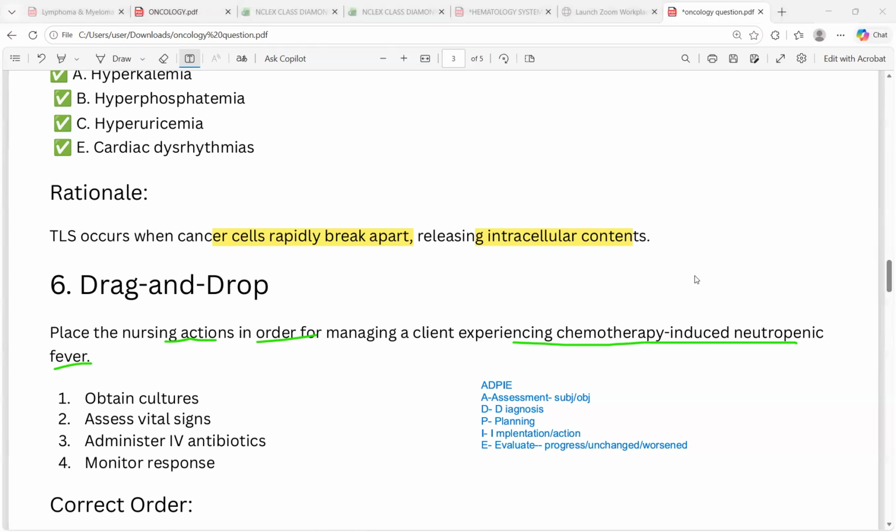You just try it. Monitor response means the client's response, that's the evaluation.